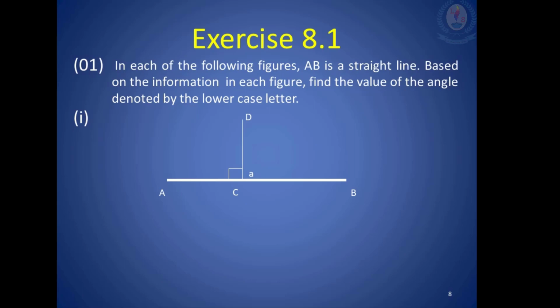Angle ACD and angle DCB. Therefore, we can get a plus 90 degrees equals 180 degrees. Write the reason here. Angles on the straight line ACB. Take 90 degrees to the other side. a equals 180 degrees minus 90 degrees. We are getting a equals 90 degrees.